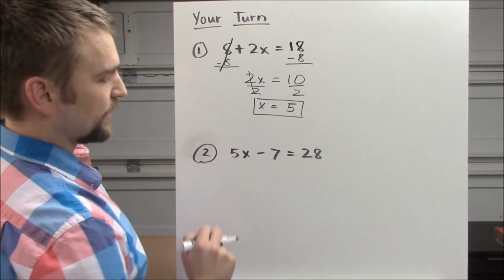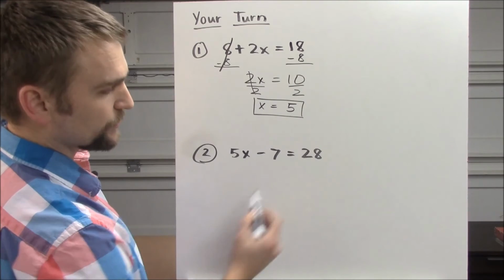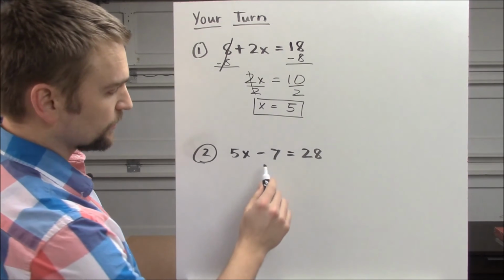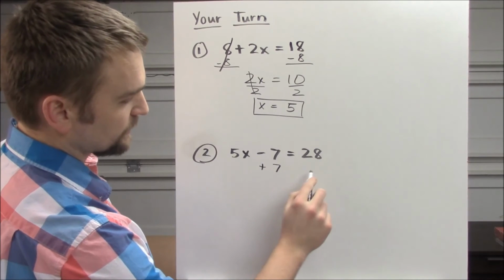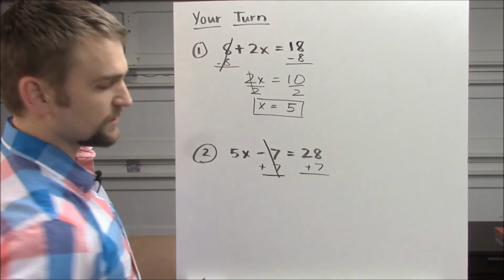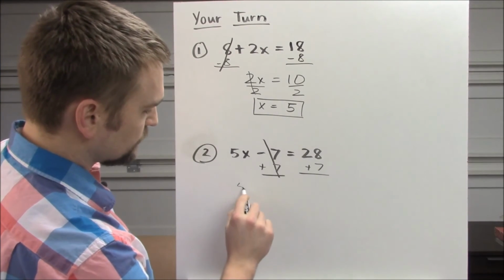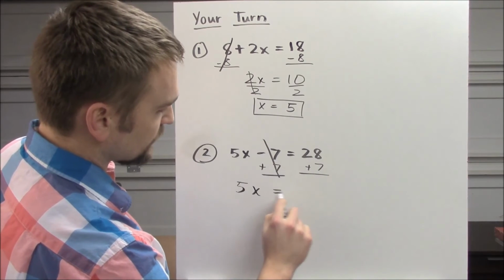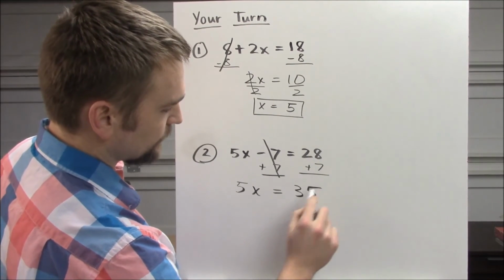So x is 5. Now I'll write down here, I have 5x take away 7 equals 28. So I'm going to undo take away 7 by adding 7 to both sides. Negative 7 plus 7 is 0. And 5x equals 28 plus 7, which is 35.